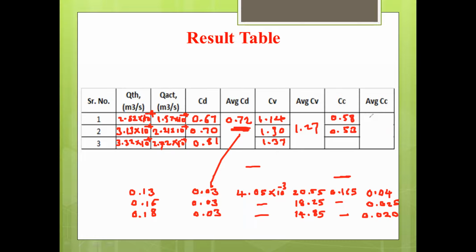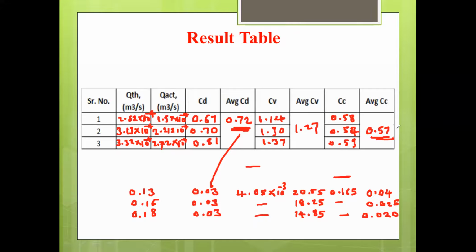Okay, I can write 0.54. And for the third reading, 0.81 divided by 1.37. Here I am getting 0.59. Okay, so the average CC I can find by adding 0.58 plus 0.54 plus 0.59 and dividing the summation by 3. Here I got the CC as 0.57. So the average value of CC has come 0.57.